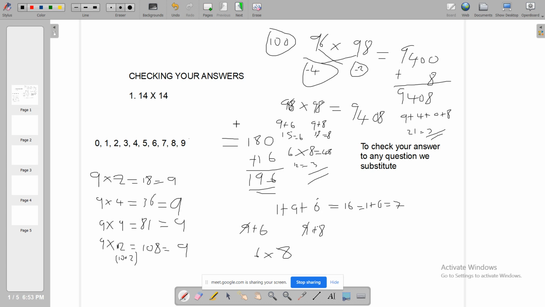Now do you understand? You realize that all we were doing here was repeating ourselves. Later on we came back to 6 times 8. Have you realized it?